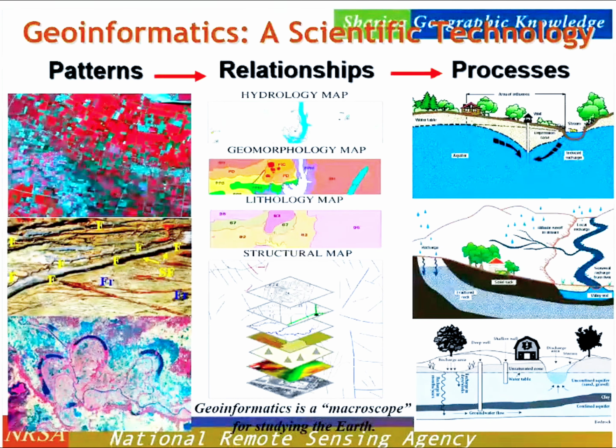So this is the physical aspect as well as the population, the human aspect, right? It means GIS and remote sensing is an integrated technology, the two sides of one coin, right? GIS and remote sensing.